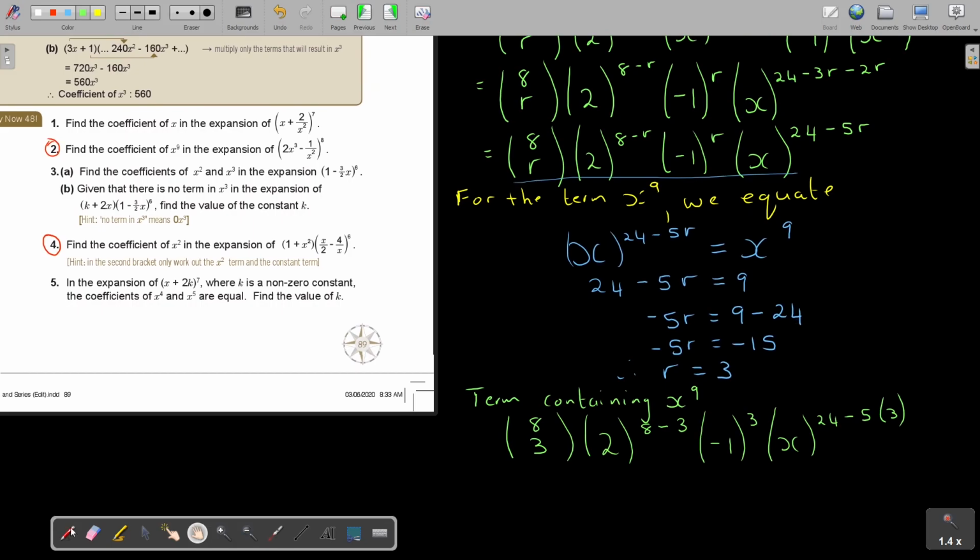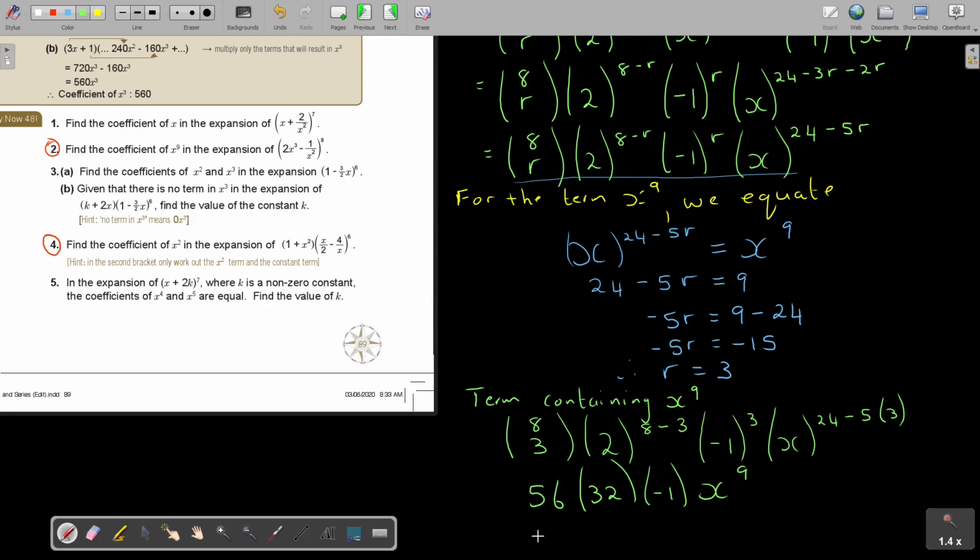And then I move it up. Then I press on my calculator 8 nCr 3, and I get 56. I prefer not to write that in brackets, it's too many brackets. This is 2 to the power of 5, which is 32. This is an odd number, so the sign will be negative. 1 to the power anything stays 1. And this will be x, and this is 24 minus 15, so that will be 9.